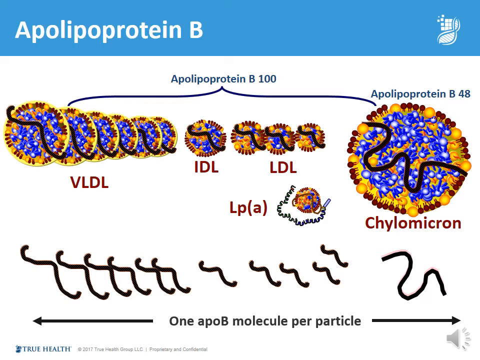Apolipoprotein B is a commonly ordered metric because they are the potentially atherogenic particles. So, as mentioned, there is one apolipoprotein B on every VLDL, IDL, and LDL particle, regardless of its size or composition. And there is one molecule of a truncated ApoB on every intestinally produced chylomicron. The ApoB coming out of the liver, which is a full molecule, is called ApoB 100. The intestinally produced ApoB, which is truncated and has 48% of the molecular weight of the hepatic produced ApoB, is called ApoB 48.